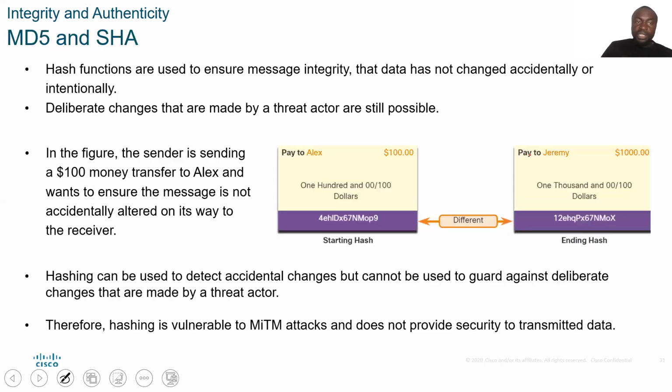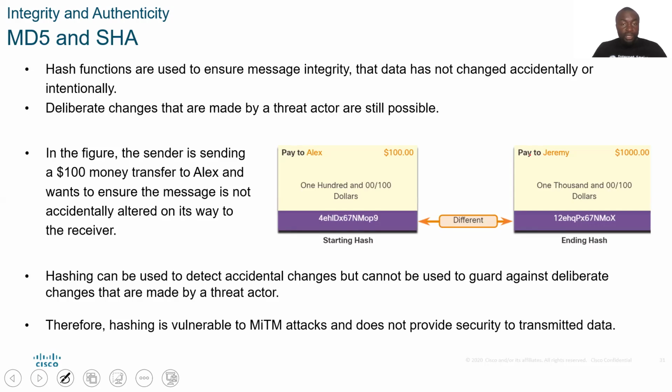Then the MD5 or the SHA hash functions are used to ensure message integrity, that it has not changed accidentally or intentionally. Deliberate changes made by a threat actor are still possible.